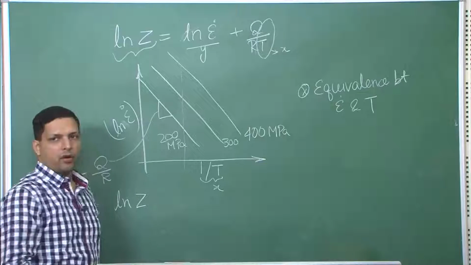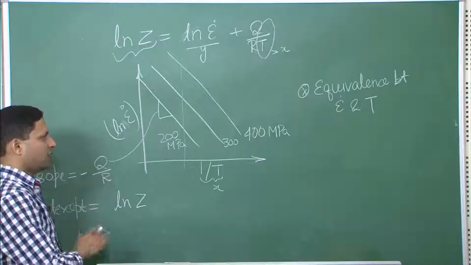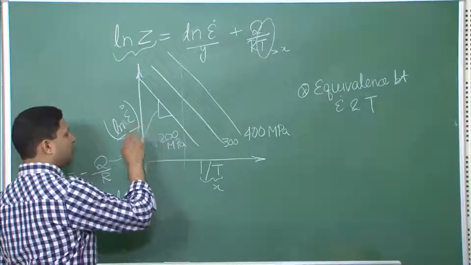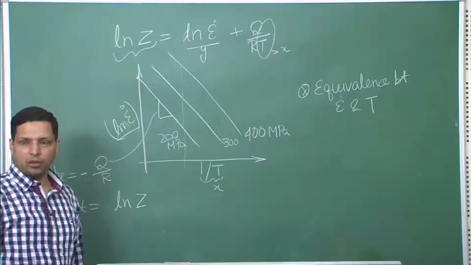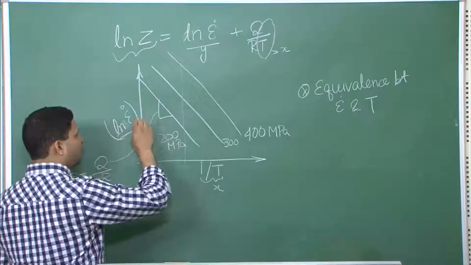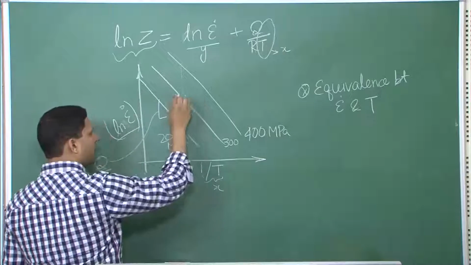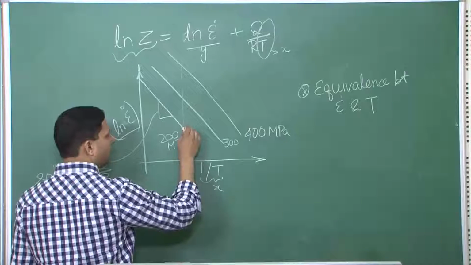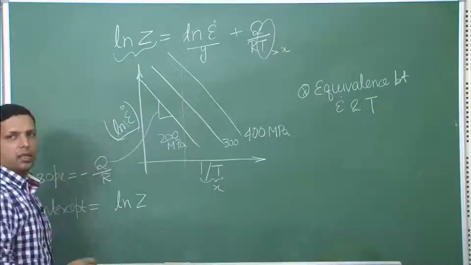So, all the things that we know are true, or this plot is also saying that those are right. That is a kind of secondary verification that what we have drawn here is right. At the same time, we are talking about ln strain rate and not absolute strain rate. Therefore, the order of magnitude increase in strain rate has to be very large, something like 2 or 3 orders of magnitude, to get a very substantial increase in flow stress.